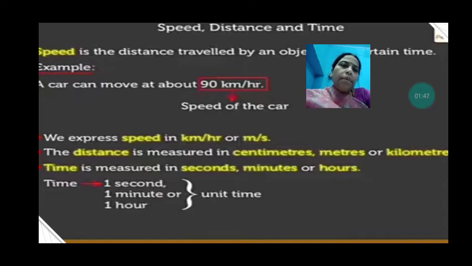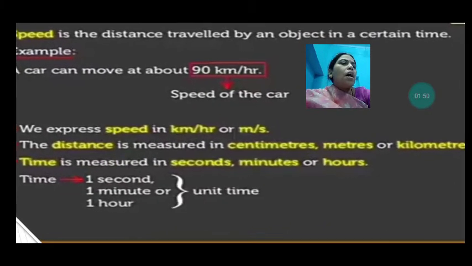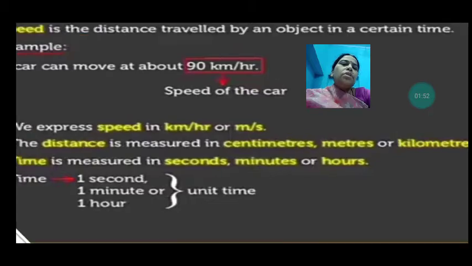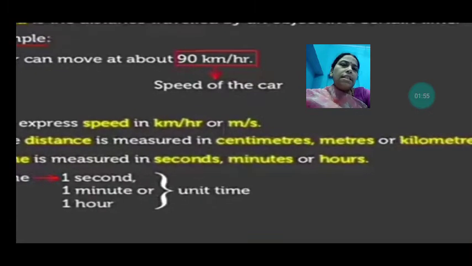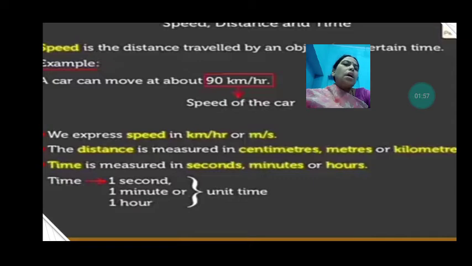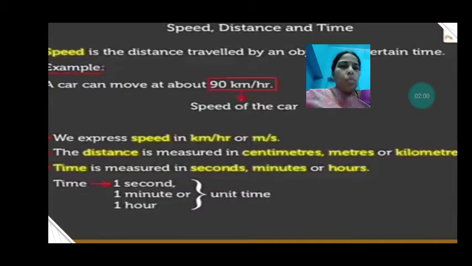Time is measured in seconds, minutes or hours. So the units of time are second, minute or hour. To summarize: speed in kilometer per hour or meter per second, distance in centimeters, meters or kilometers, and time in seconds, minutes or hours.